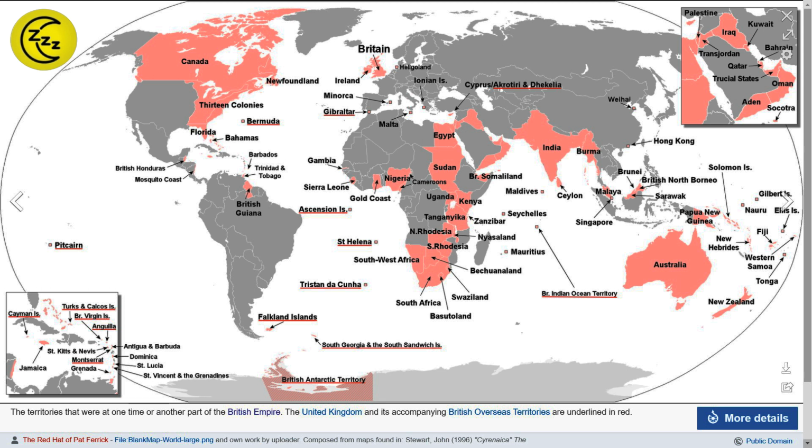Elsewhere, British influence in the Far East expanded with the development of the Straits Settlements and the Federated Malay States, and in the 1880s, protectorates were formed over Brunei and Sarawak.